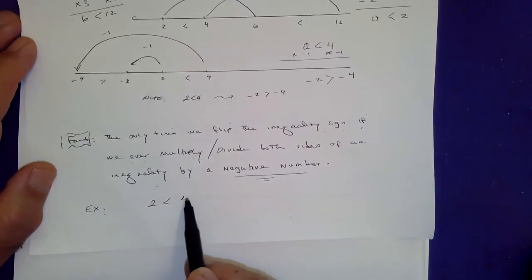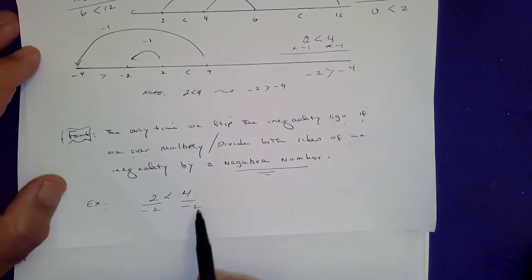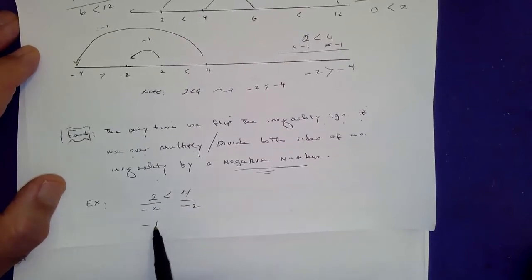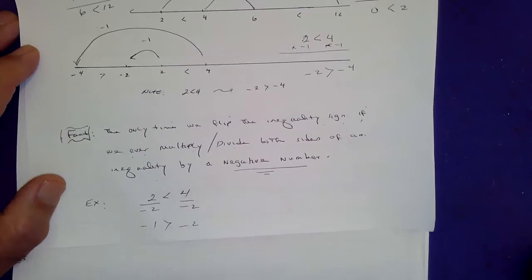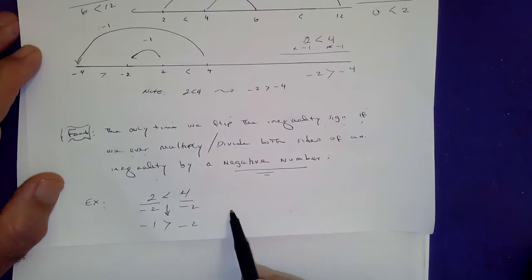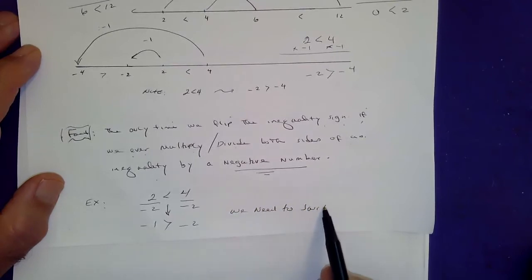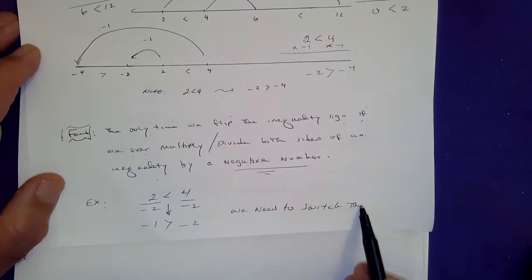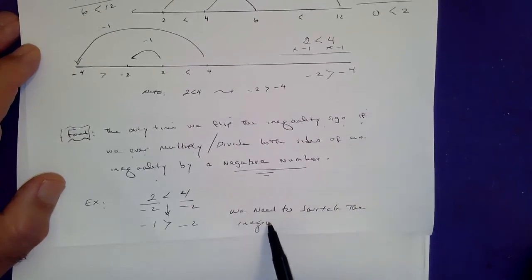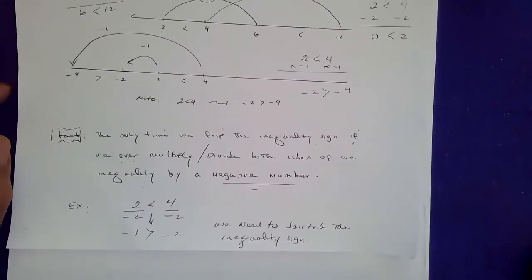That's also true when you divide both sides by a negative number. Remember, 2 is less than 4. But if I decided to divide both sides by -2, I get -1, -2, but -1 is greater than -2, not less than. So notice we need to switch the inequality sign. That would be the only difference between solving inequalities and solving equations.